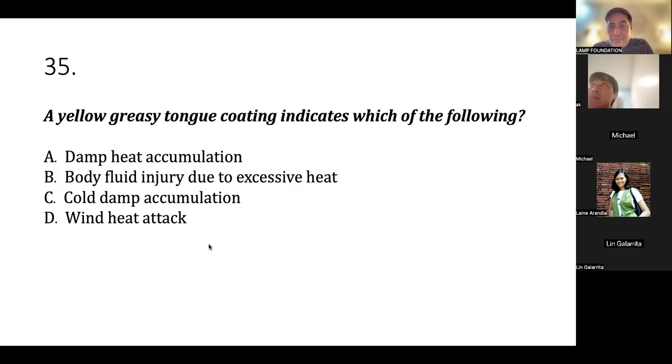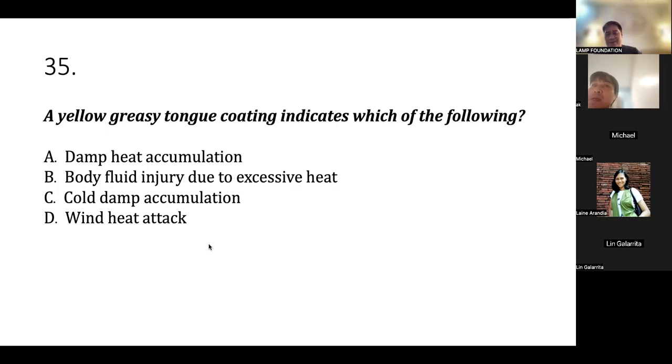Cold damp. Pale. May bukol siya, Doc. Wait lang. Anong itsura ng tongue? Okay, when you say cold, anong coating niya?